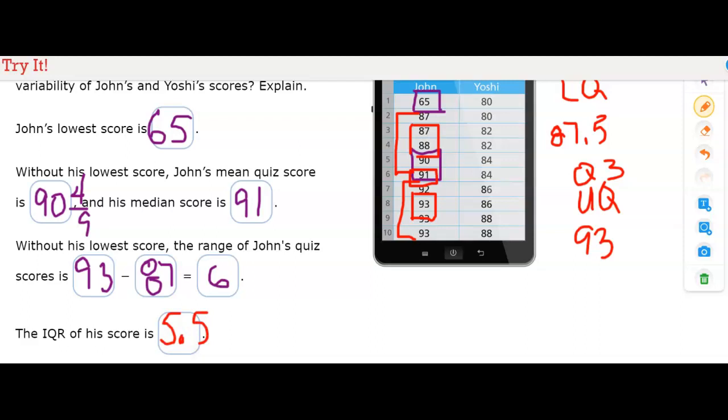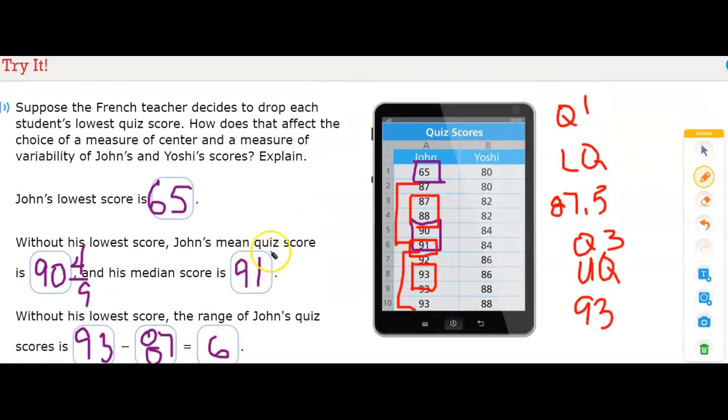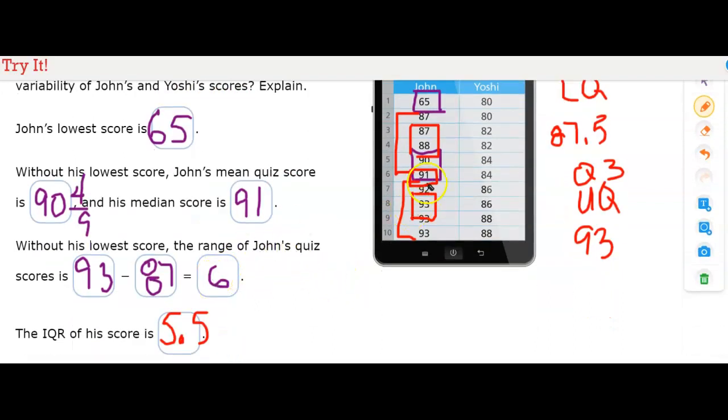And now the answer to the question is to explain how does that affect the choice of measure of center and a measure of variability of John's and Yoshi's scores. So after the lowest score for John is dropped, he might choose his median now, because now his median score is 91, which is still good.